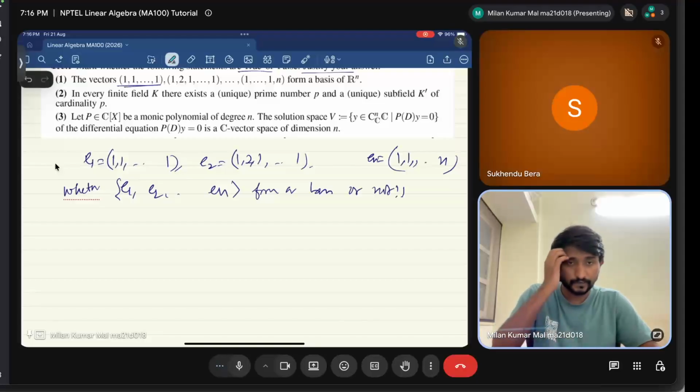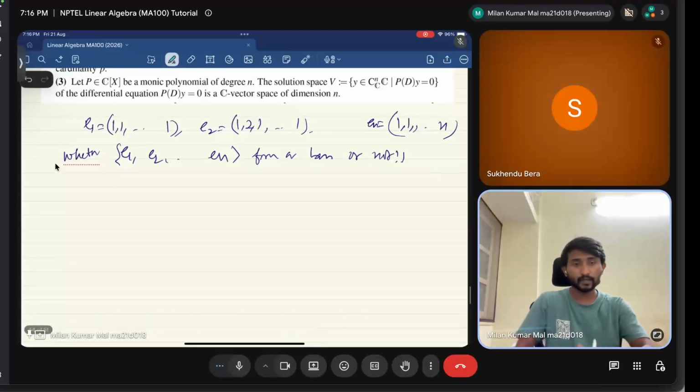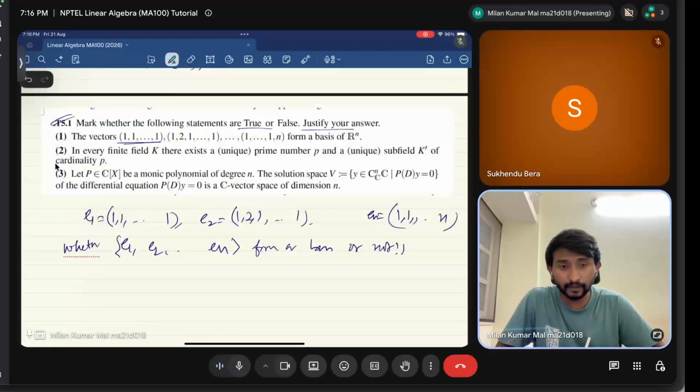The answer is yes. First of all, what do I need to check? I have to check that every vector in R to the power n can be written as a linear combination of these vectors.